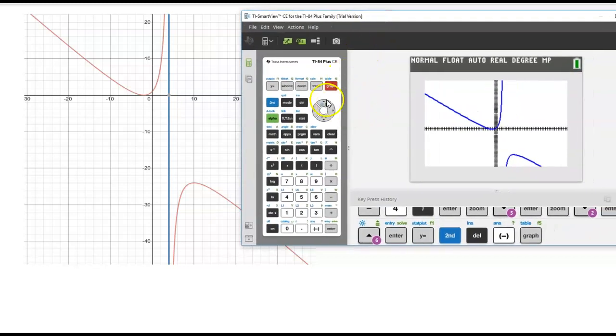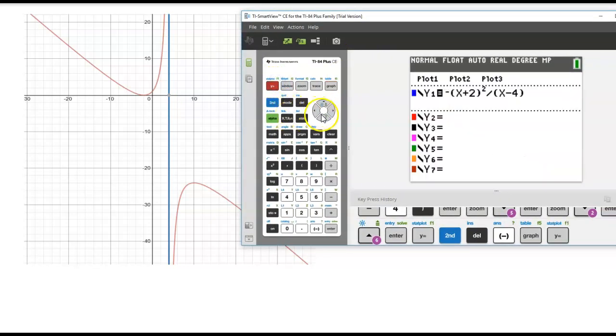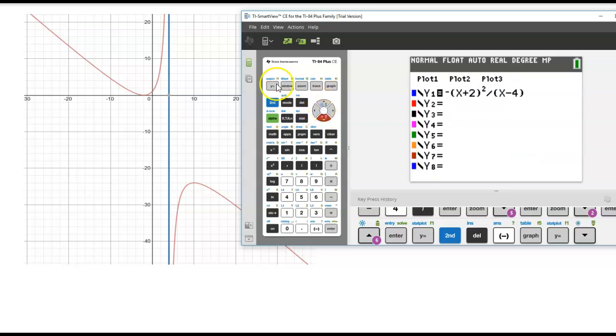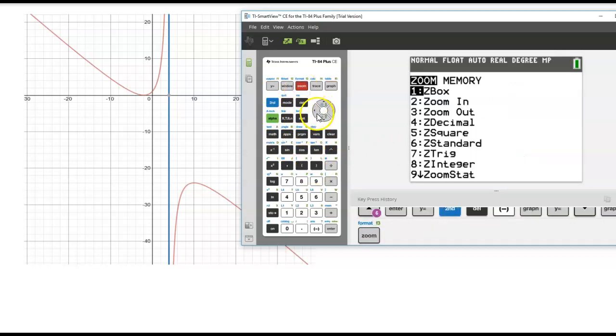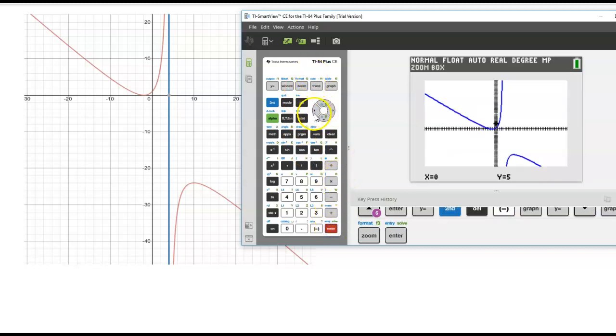We can't really do the vertical asymptote there, but what we can do is a zoom box and try to get pretty close to that x and y intercept to see if it matches up with what we have.